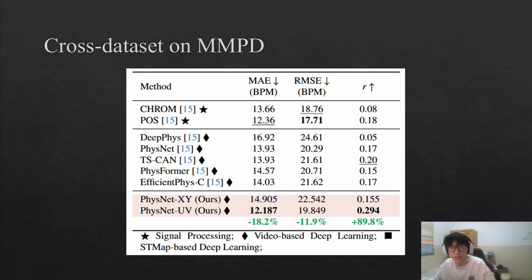The proposed VCNet UV demonstrates superior performance with an MAE of 12.187 bpm, showing an 18.2% improvement over VCNet XY's 14.905 bpm. The correlation coefficient also improves significantly by 89.8%, from 0.155 to 0.294.